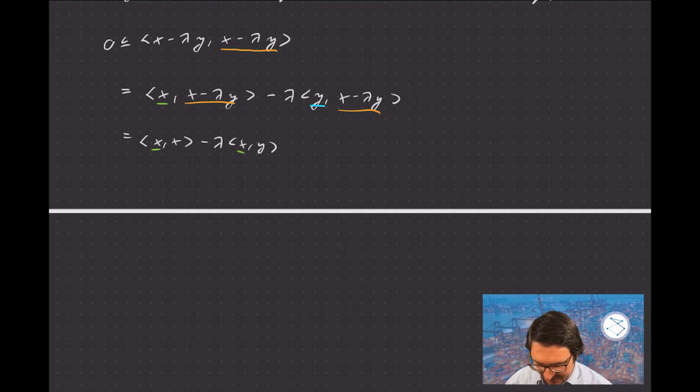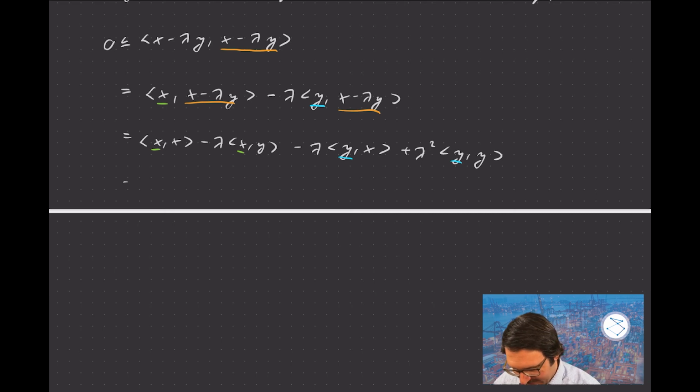And what we get then is first minus lambda scalar product of y and x. And then we have the minus lambda again, so that's plus lambda squared scalar product of y and y. And here's the fixed y, and here's the fixed y.